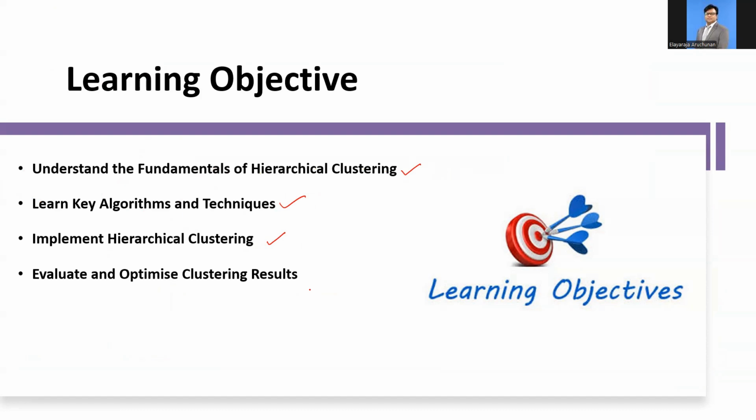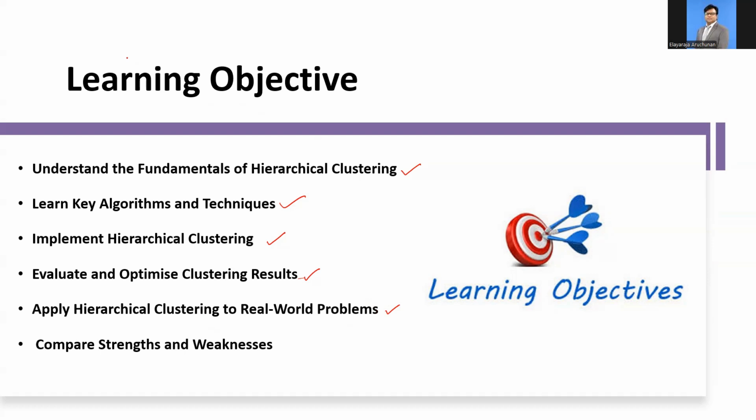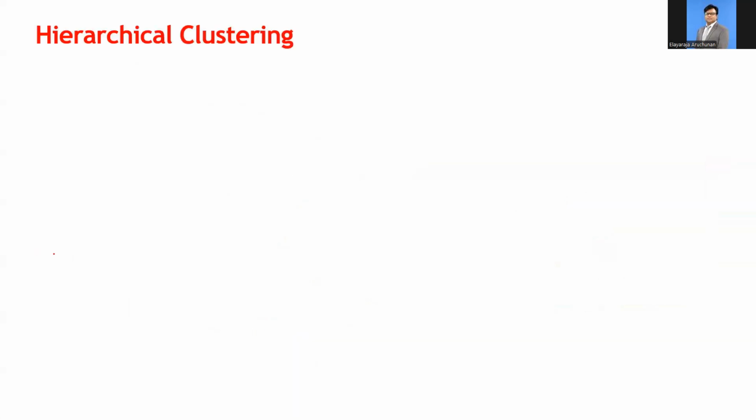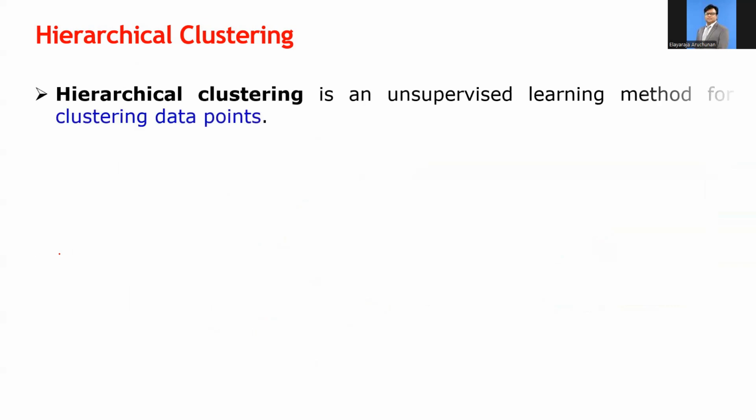Then we will evaluate and optimize the clustering result, and apply hierarchical clustering to an example. Finally, we're going to discuss the performance of hierarchical clustering in terms of its strengths as well as its weaknesses.